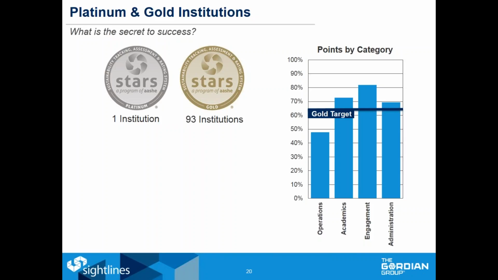Could certainly share some of those anecdotal stories with you offline, but I think now that more institutions are going through the reporting process for a second time, we will be able to start tracking the data about where are the key areas that most institutions are really showing improvement from their first report to the second report. But there's been so few that have done it multiple times that we don't have like a great data set yet.